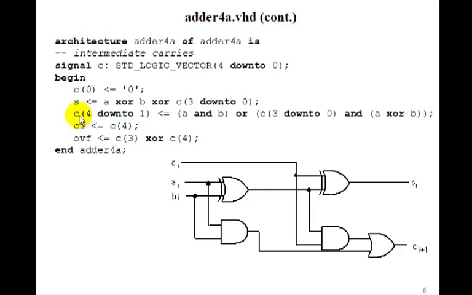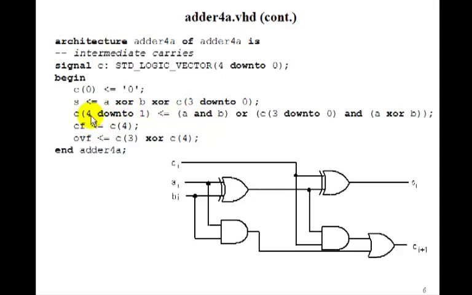And then here's the carry out. So this is really the CI plus 1. So notice how we write C4 down to 1 gets A and B. These are each 3 down to 0. Or this was the C in, CI, which is C3 down to 0, ANDed with A exclusive OR with B. So again, this is 4 different equations.